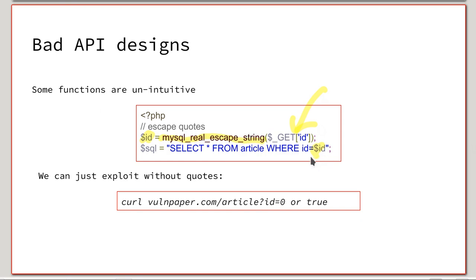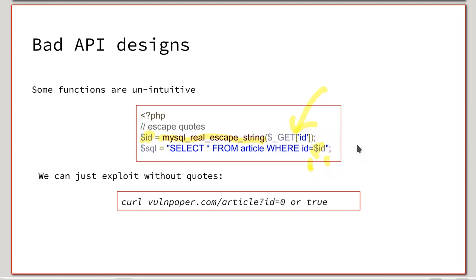Because here we use the ID value, it's an integer value without quotes around it. We can do an SQL injection that doesn't use any quotes or spaces or anything that could be escaped by this function.